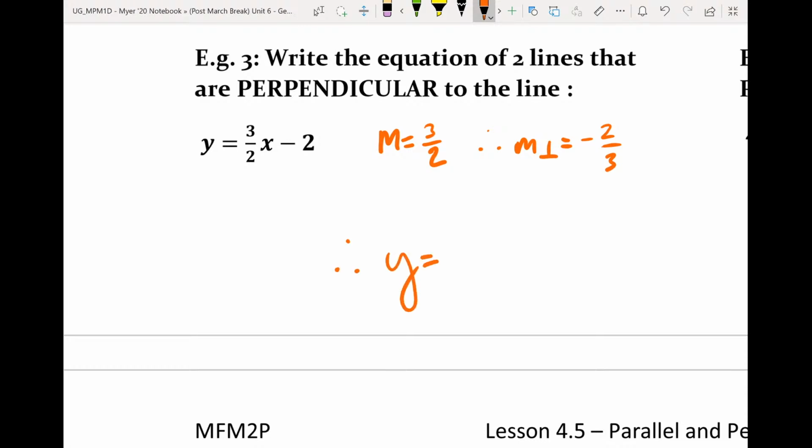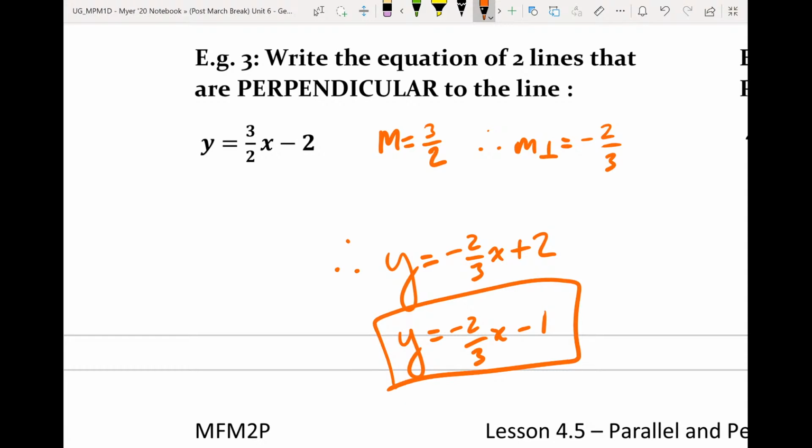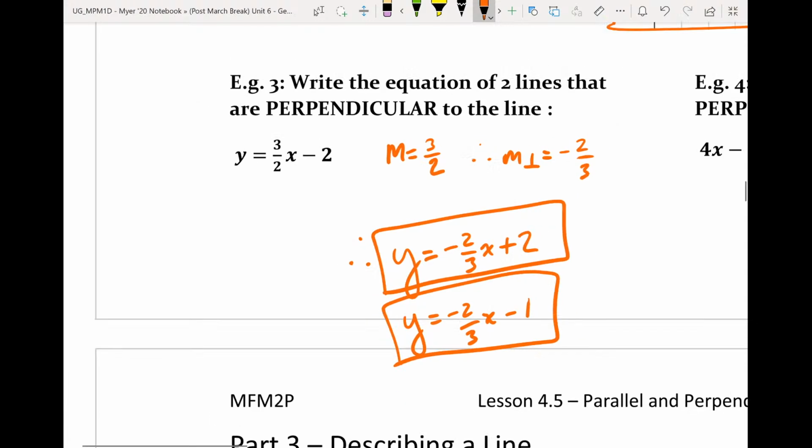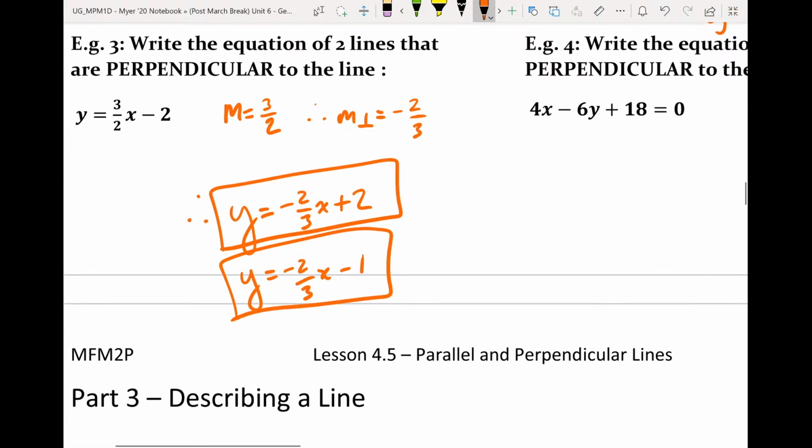Therefore, we could write two lines and say y equals -2 over 3x and just make up any number. It doesn't really matter. Again, you can just insert whatever y-intercept that you want. It really doesn't make a difference. So both of these lines are perpendicular. They'd be cutting through the first line at a 90-degree angle.